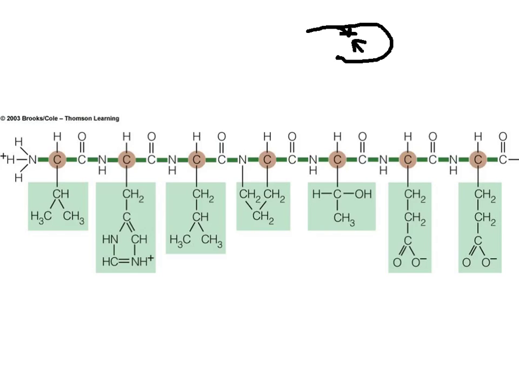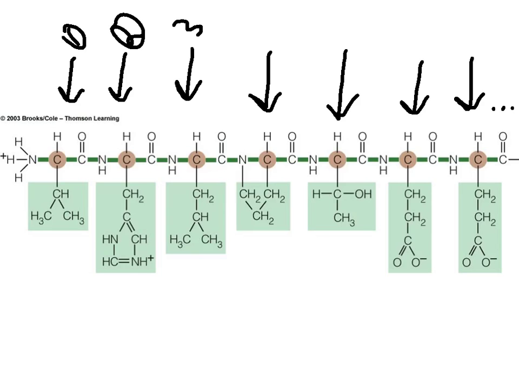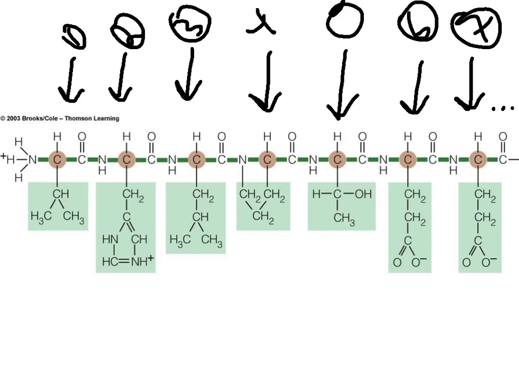The sequence of the amino acids going from 1 to 2 to 3 to 4 to 5 to 6 to 7 and going on until the protein ends. Each of these positions, which amino acid is in what position, we call that the primary structure.